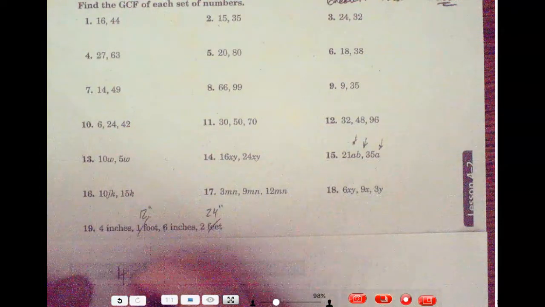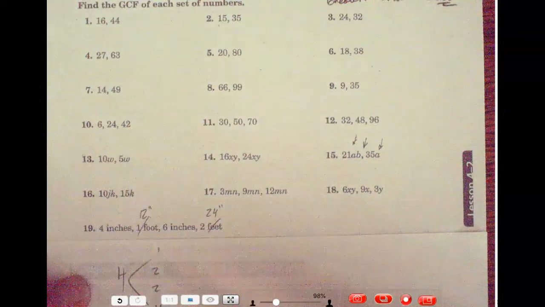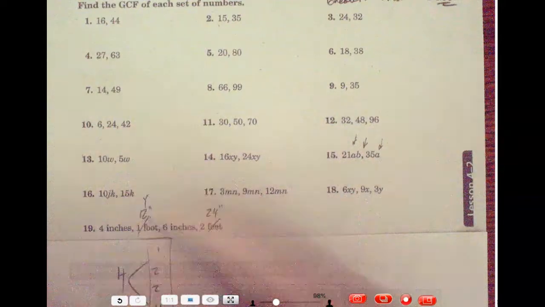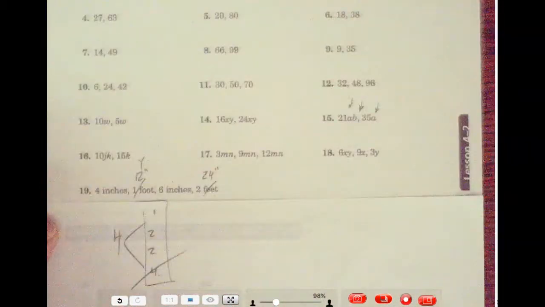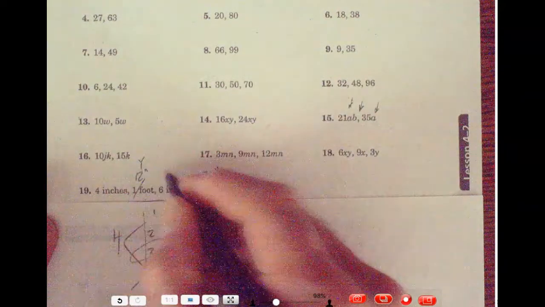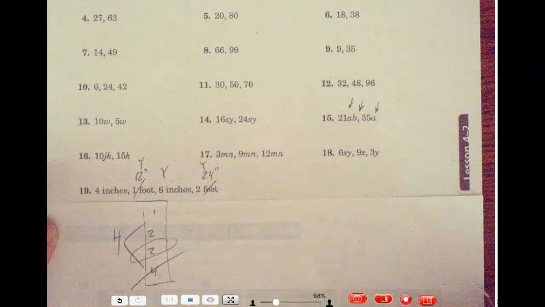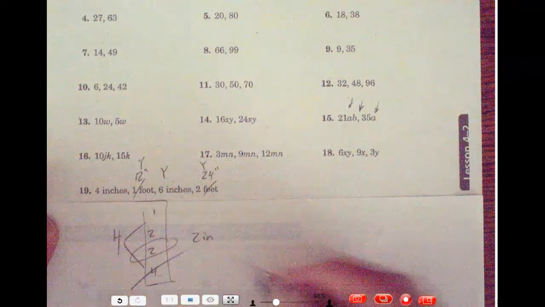And if you think about it, 4 only has 3 factors: 1, 2, and 4. So let's just see. Will 4 go into 12 inches? Yes, it will. Will 4 go into 6 inches? We're done. It doesn't work out there. So we're going to go to 2. As you can probably guess, 2 is going to be it, because 2 goes into 12 inches. Yes, it goes into 6 inches. It goes into 24 inches. 2 inches is the greatest common factor.